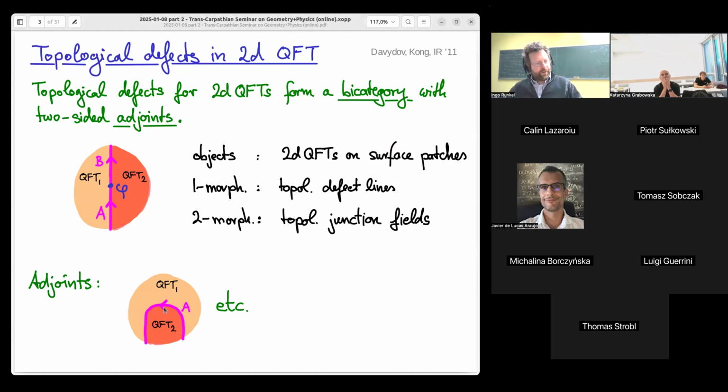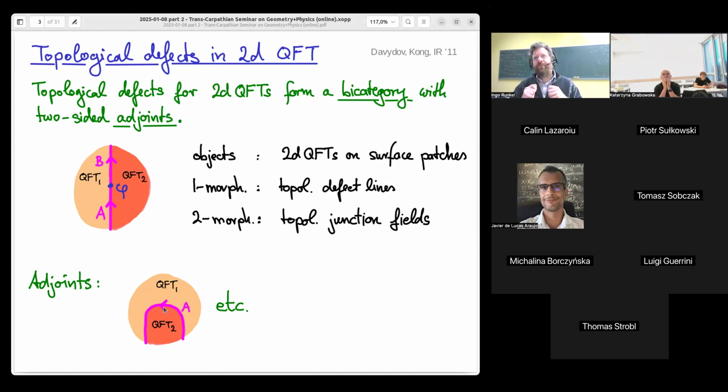The first point I want to make is that, as I said, this talk has more algebra and little geometry. And the first point I want to make is therefore algebraic. So we've now got a structure in quantum field theory, which is these line defects. What are they mathematically? I'm saying that mathematically, always, they give you something called a bicategory.